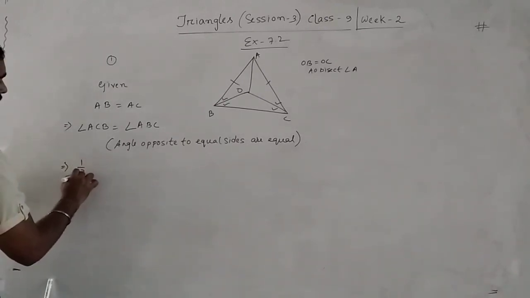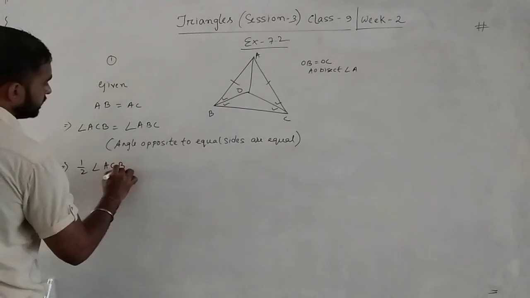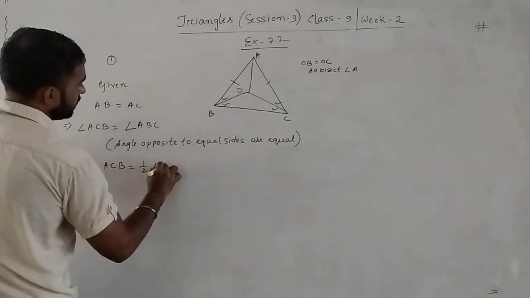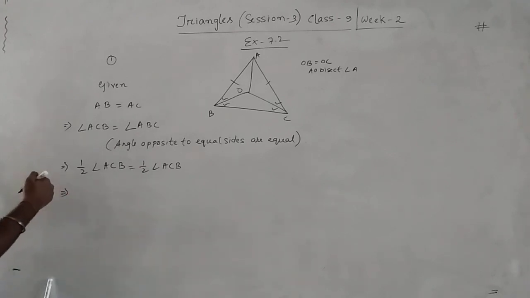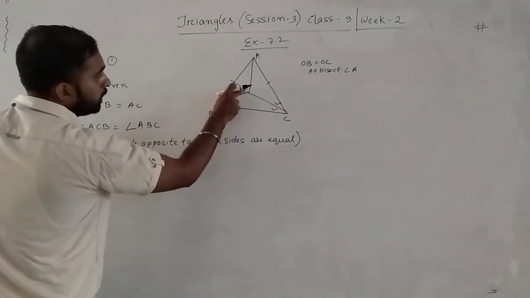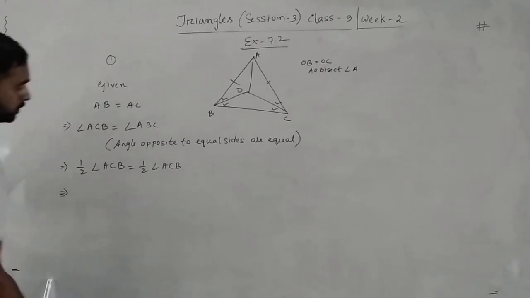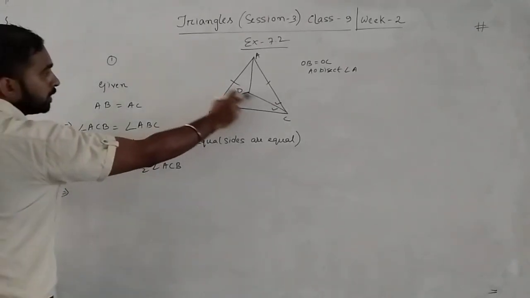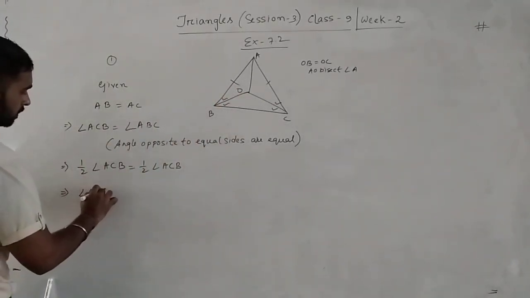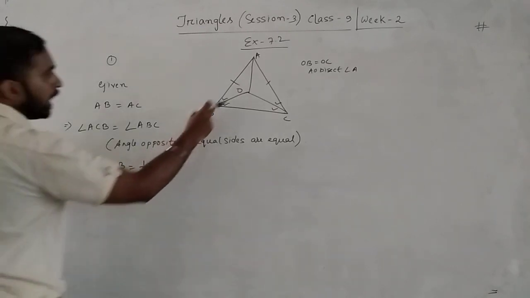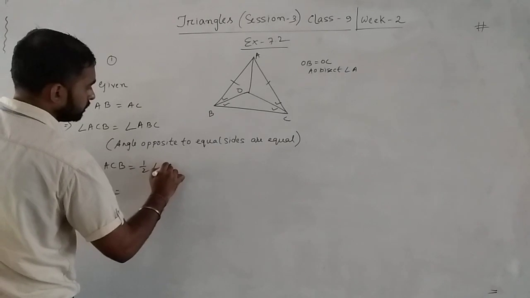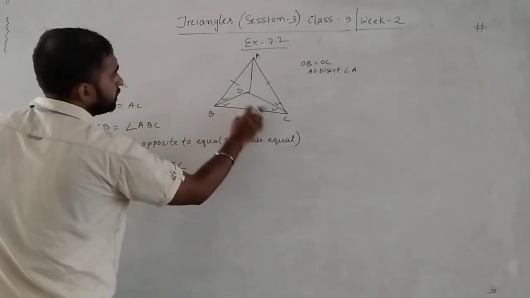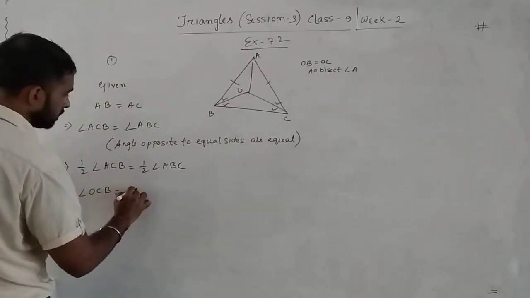Then multiply both sides by half: half angle ACB equals half angle ABC. What is given? OB and OC bisect angle B and C. So half angle ACB we can write as OCB, and half angle ABC we can write as OBC.